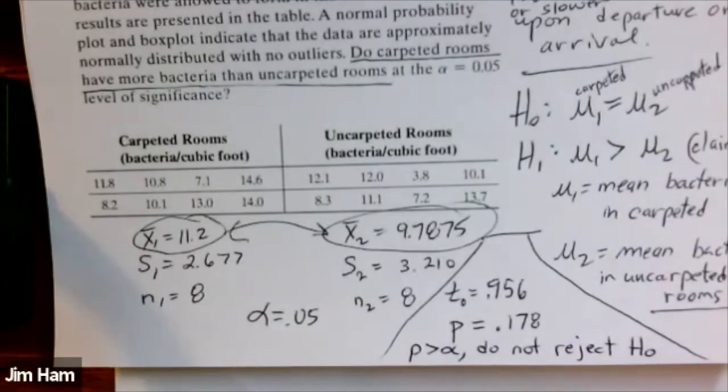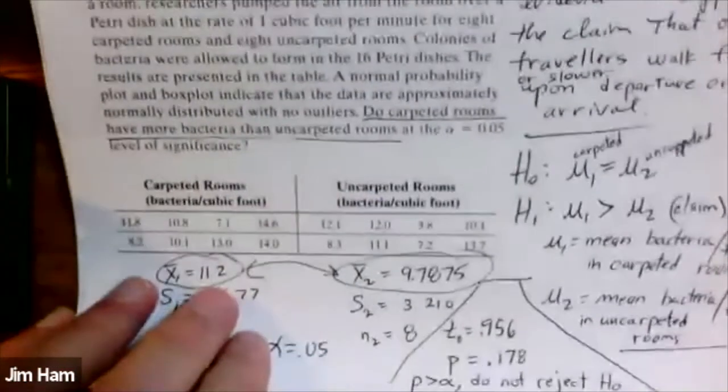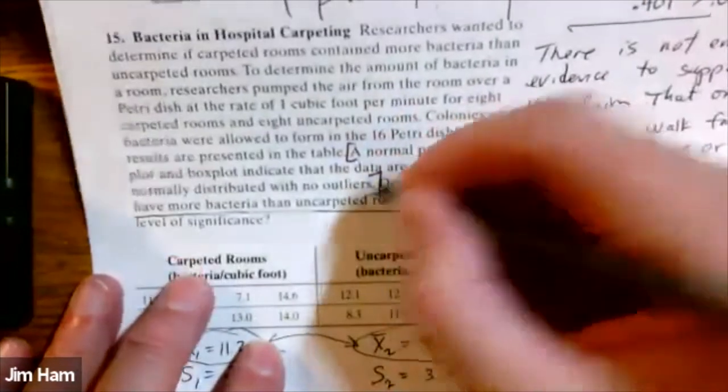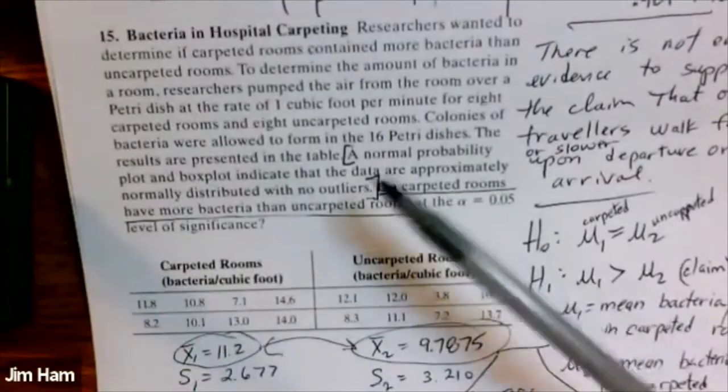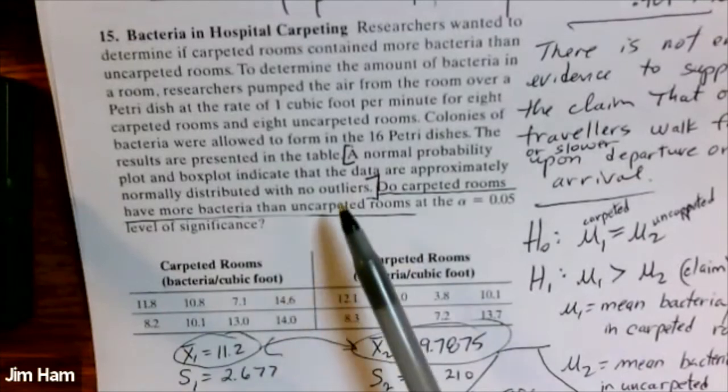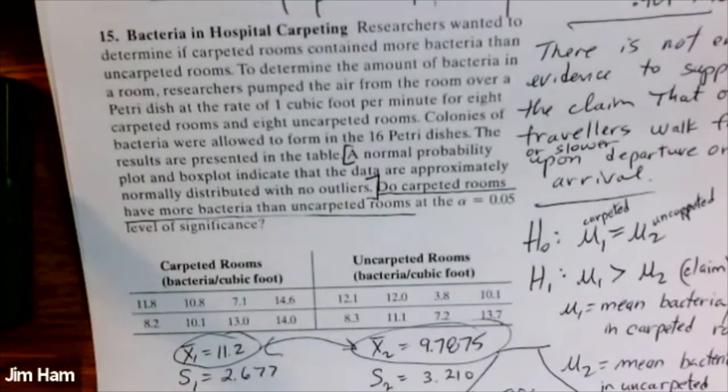And if you do have small sample sizes, notice they were very careful to say that these data are normal. And if you're selecting from normal populations, then you can run this test. And there are no outliers. So you need to know something about the populations, that they're normal, or you need to have large enough sample sizes.